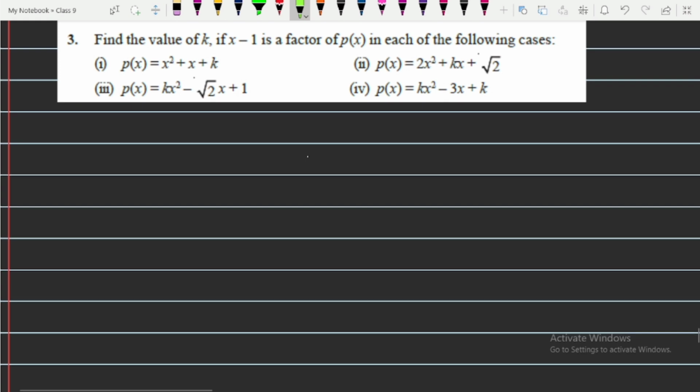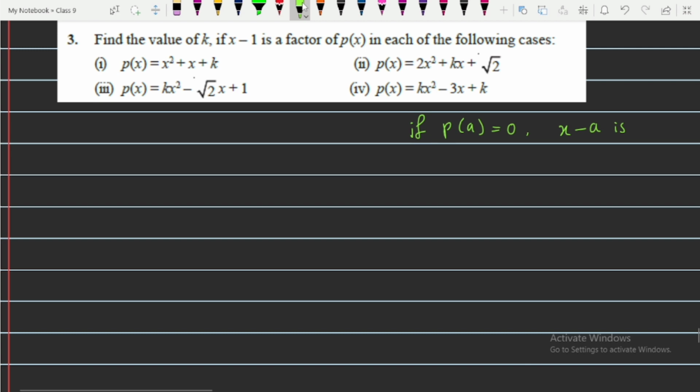Yes, question number 3, here we are going to find the value of k if x minus 1 is a factor of p of x in each of the following cases, right? So you have already seen the factor theorem, right? What is the factor theorem? If p of a equal to 0, then you can say that x minus a is a factor.